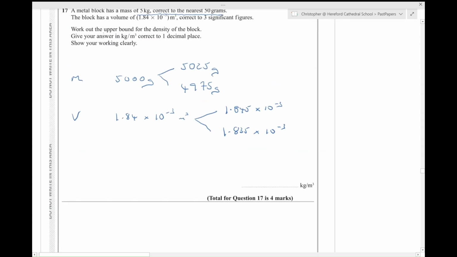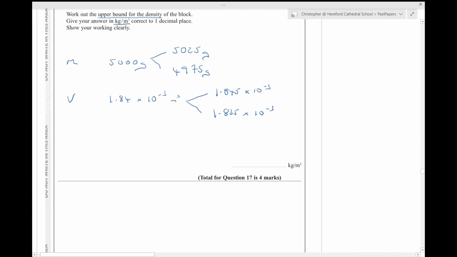Work out the upper bound for the density, giving your answer in kilograms per cubic meter. So density is mass divided by volume. We want the upper bound of the density, so we're going to want the highest possible mass and the lowest possible volume. But I'll need to use mass in kilograms so that I get my answer in kilograms per cubic meter.